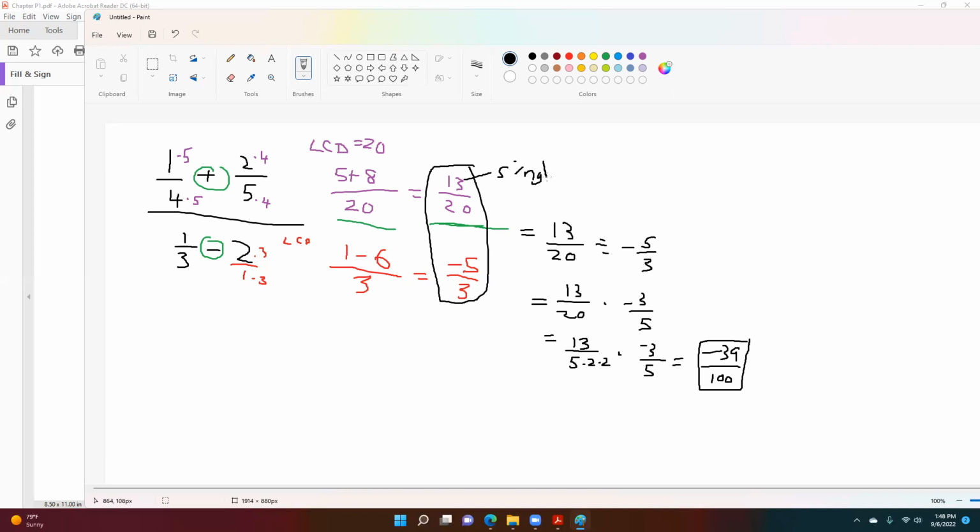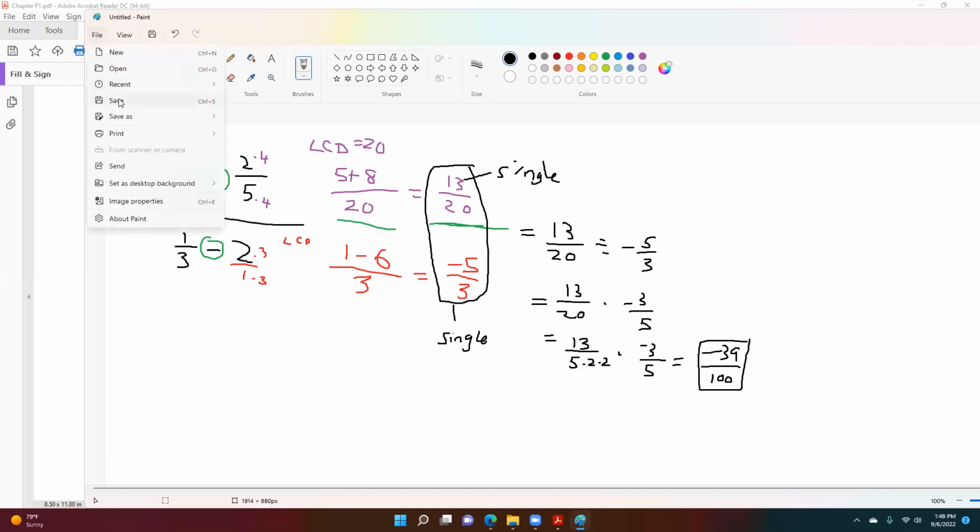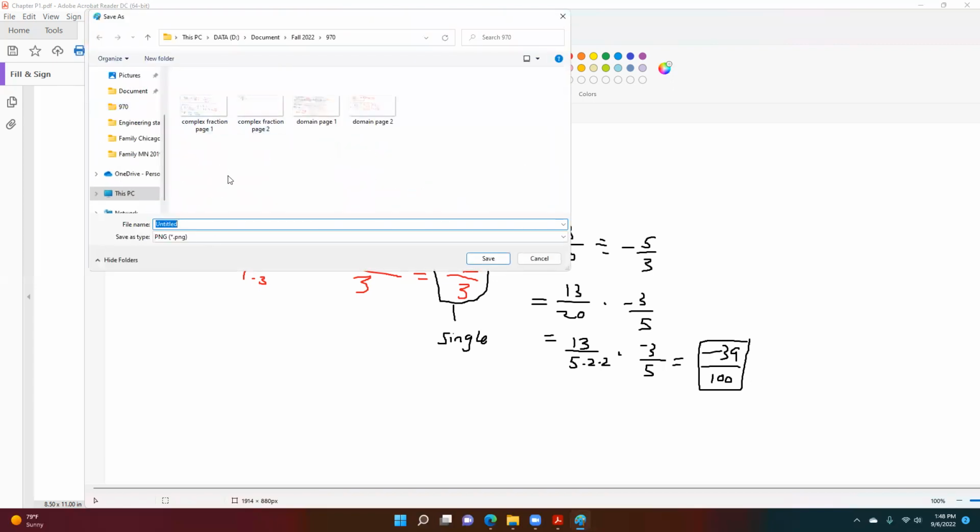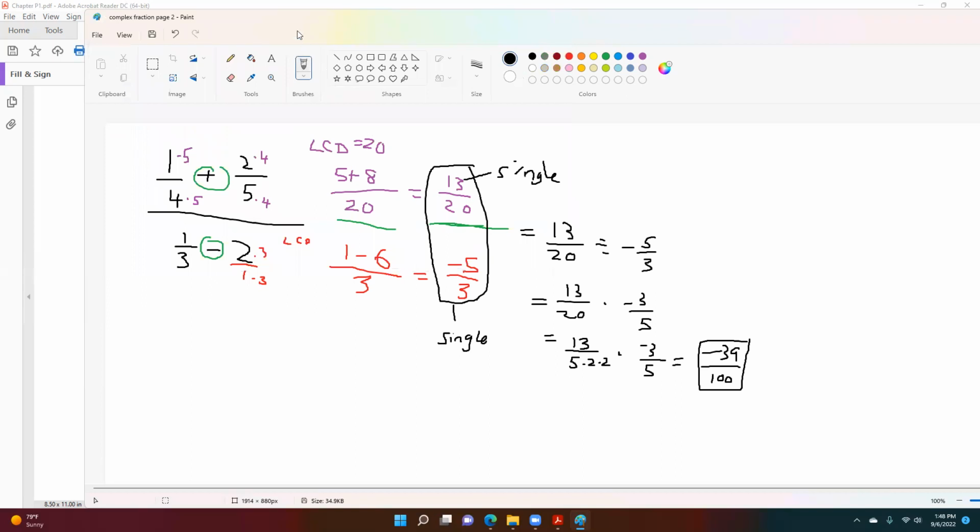Once you have single fractions on the top and the bottom, you do what I just taught you: change the division sign into multiplication, flip the denominator fraction, and then simplify. So this is how we do this kind of question.